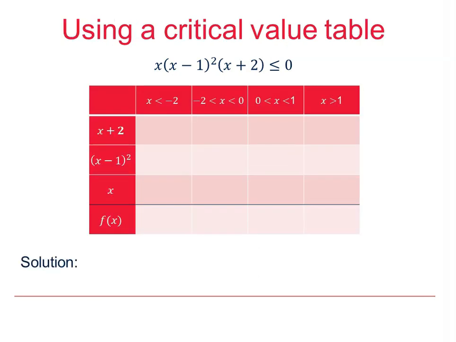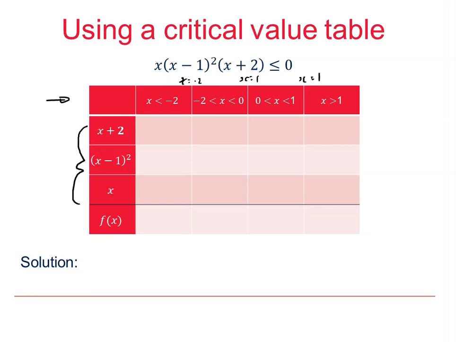So here we can see on the top line of the table we have the regions which are separated by those critical values. So x equal to -2 would be here, x equal to 0, and x equal to 1 would be the lines, if you like. Now for the regions of the graph, we can then decide whether each of these factors is positive or negative.